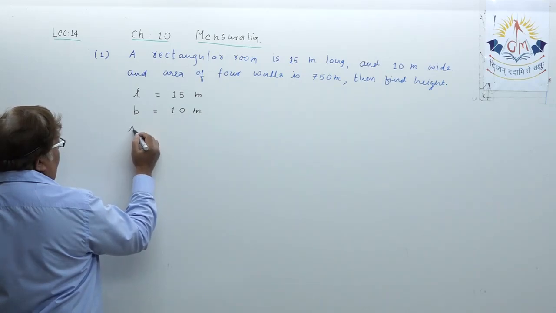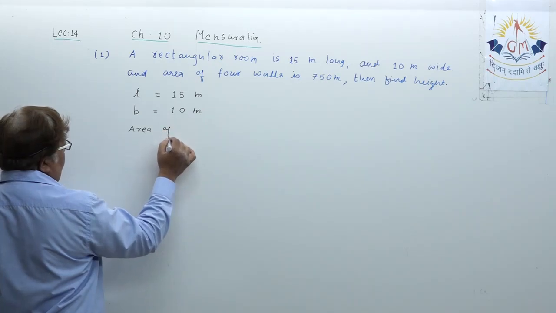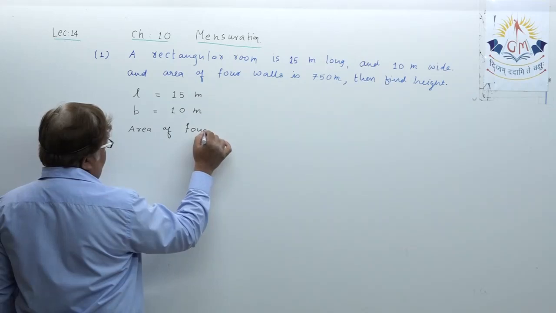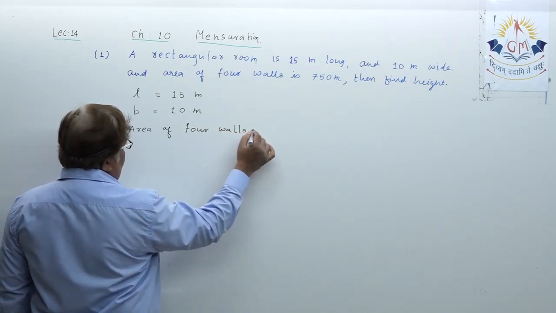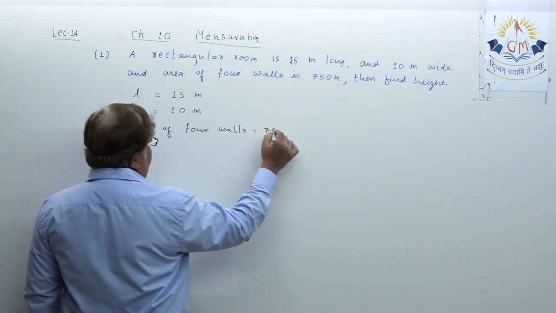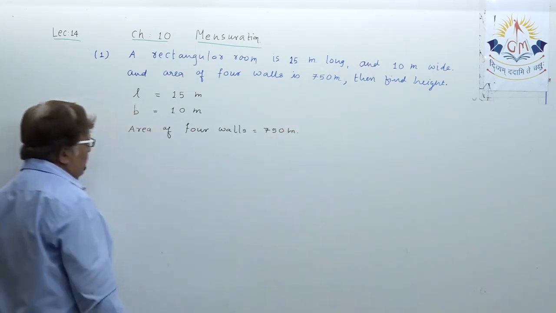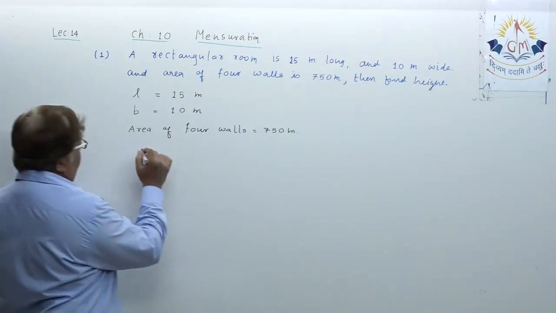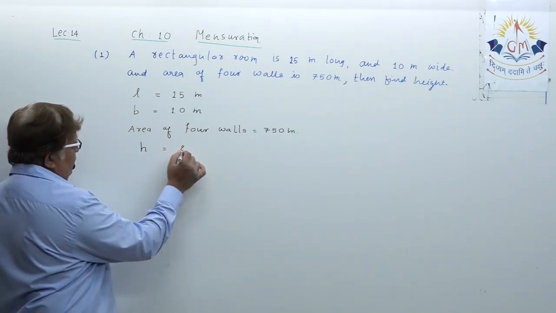Then you are also given the area of 4 walls, 750, and you are looking for the height of the room, h equal to question mark.